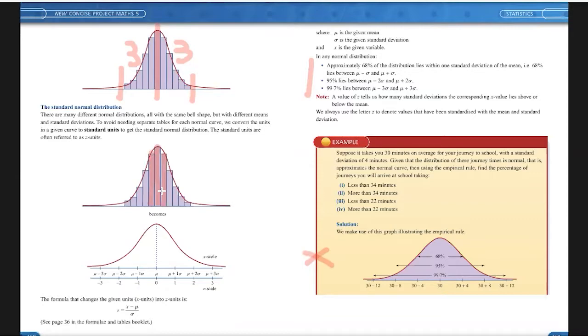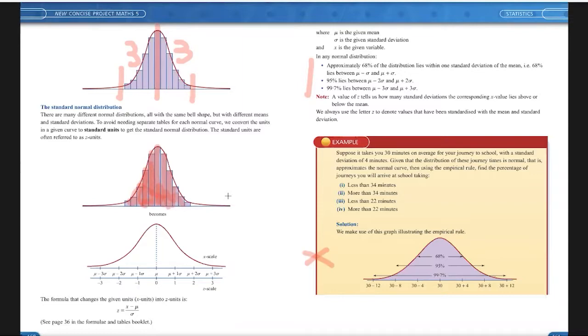That's why 68% of it is between just plus or minus 1 standard deviation of the mean. Widen it a little bit more, so take in 2 more bars, for example, or even 2.5, and now you've got 95% of the data. Then widen it out another standard deviation, so from here all the way up to the top, you've got 99.7%.